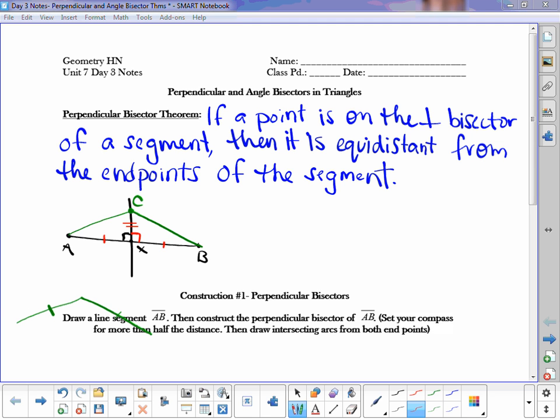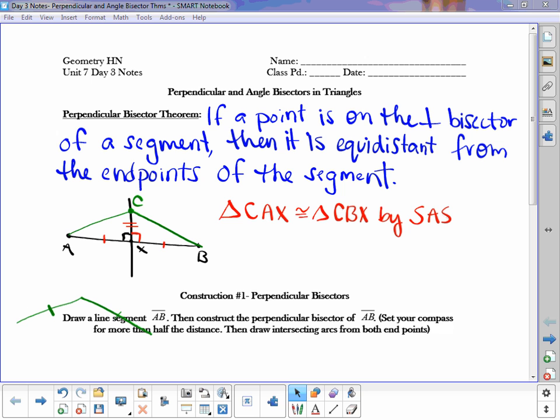So I can say then that triangle CAX is congruent to triangle CBX by side angle side. So that tells me the triangles are congruent. But what lets me then say that CA is congruent to CB? How do I know that? CPCTC.